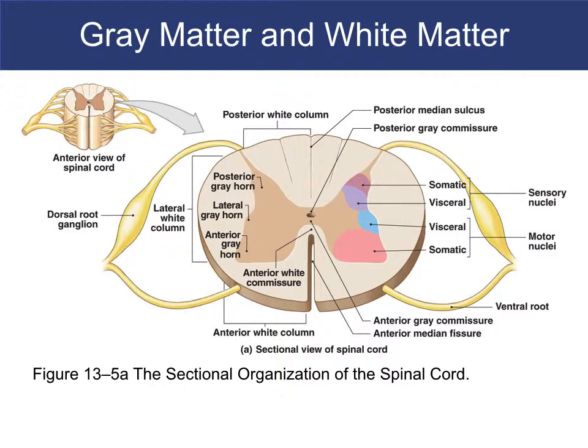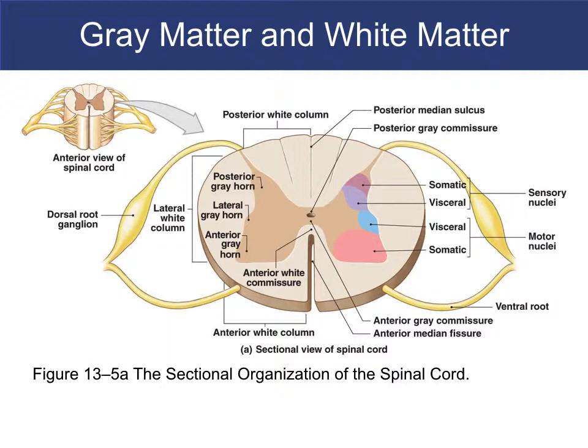In the lower half, the gray matter is motor and the white matter is motor. Remember, motor comes out the ventral roots, and sensory comes in the dorsal root. They call these the anterior gray horn, the lateral gray horn, and the posterior gray horn. Okay, that's fine.